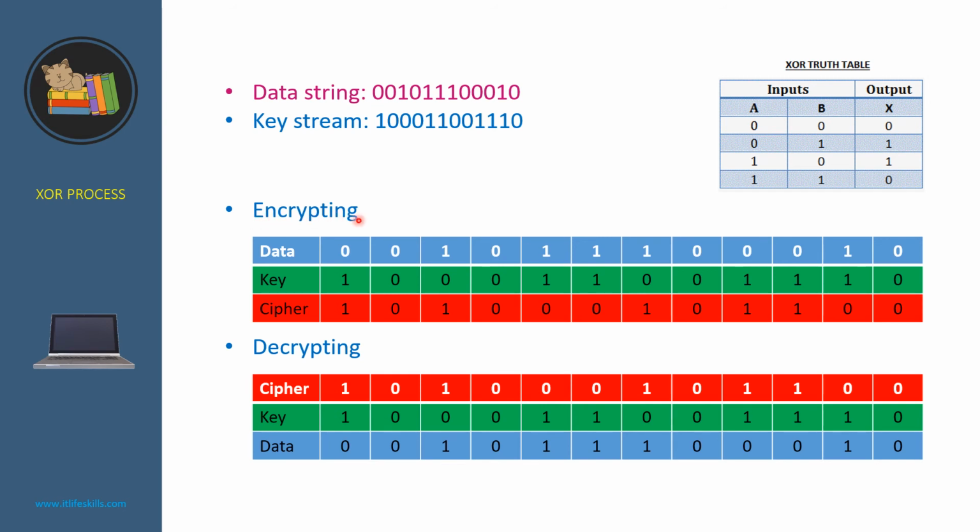Here is the encrypting process, and we put the data in with the key stream, and we get the ciphertext using the XOR process. To decrypt, we put in the ciphertext and we use the same key and we get the data back.